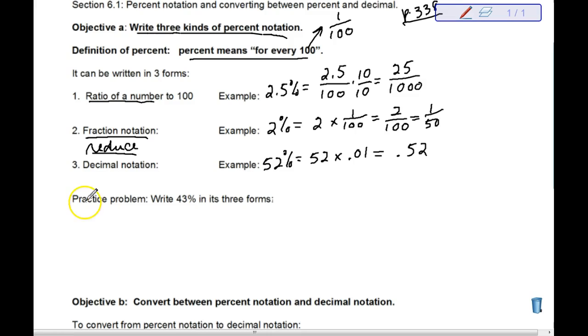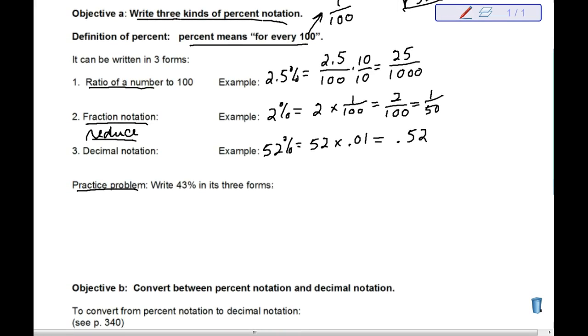Here's a practice problem for you. Write 43% in its three forms. I'll give you a moment to do that. You can pause the video and then take a look at the answer after you're done writing your three forms. Okay, so 43% in its three forms. It could be 43 to 100 as a ratio.